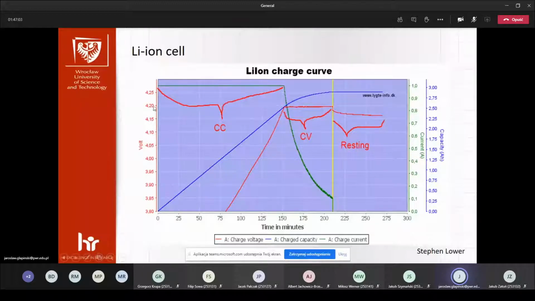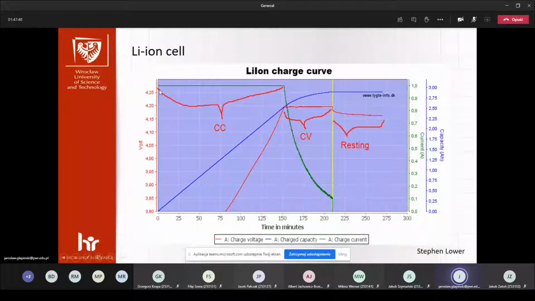First, we charge the battery with constant current. The current should be similar to the capacity of the accumulator. So if we've got 2000 milliampere hours, we can use 2 amperes to charge the battery.